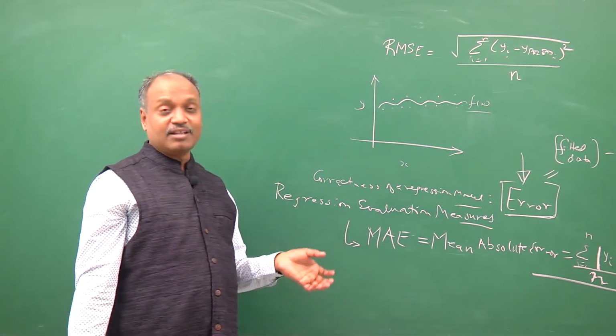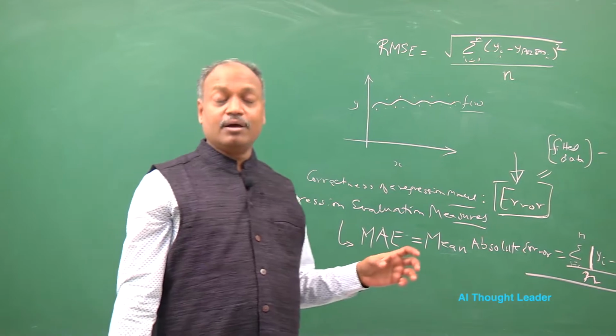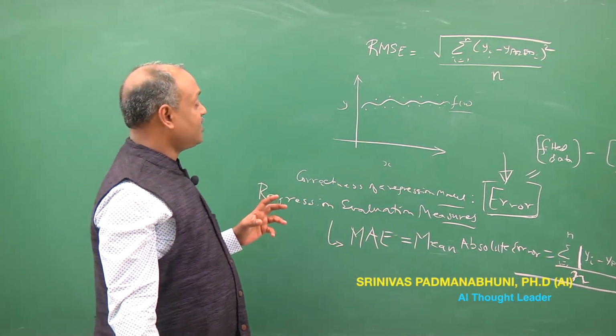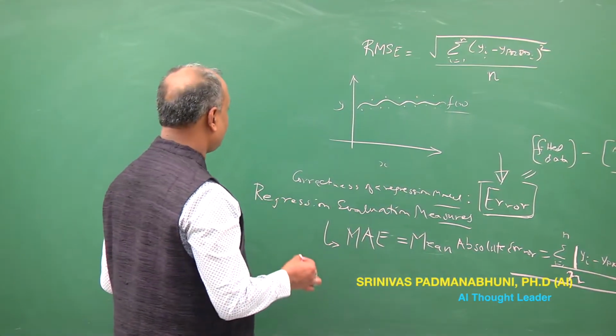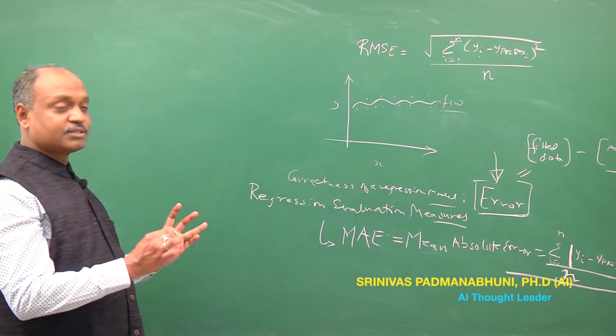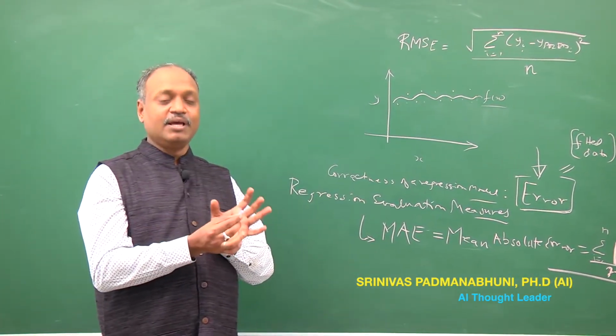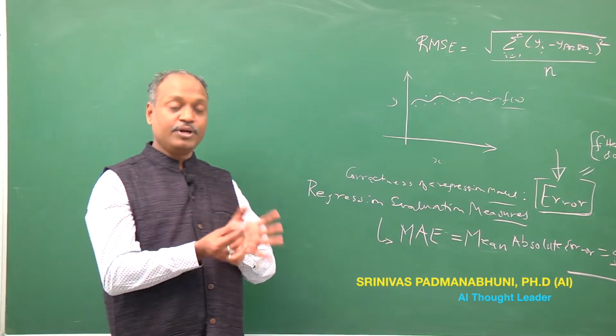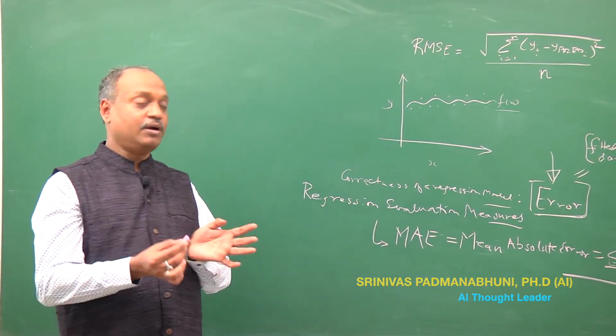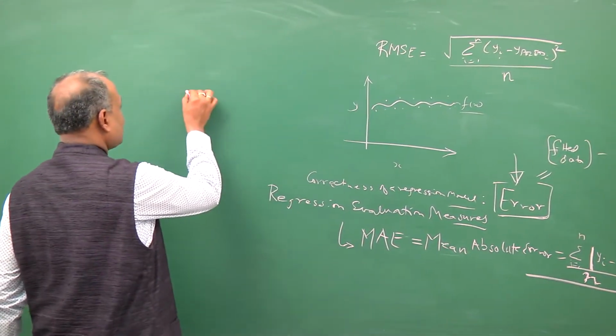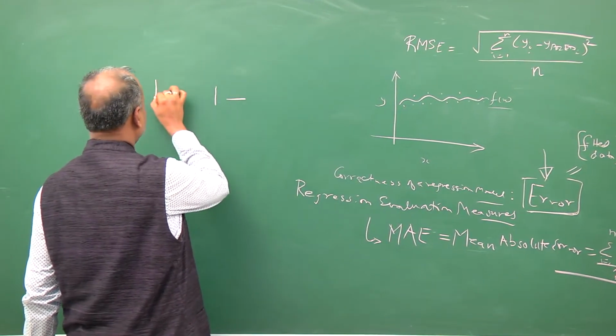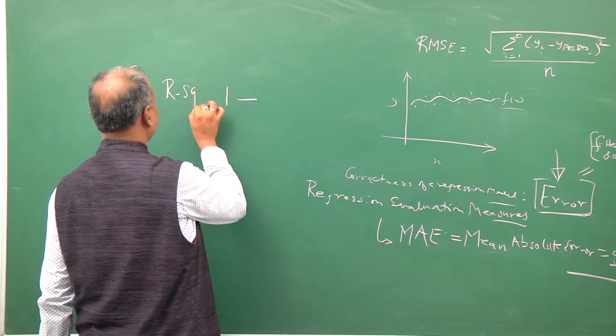So to arrive at a normative measure, what people have done is they have come up with a measure which is unitless. It does not depend on whether you are measuring kilometers, meters, kilograms, grams, or whatever, but it is normative. So what they do is they compute something known as R square.